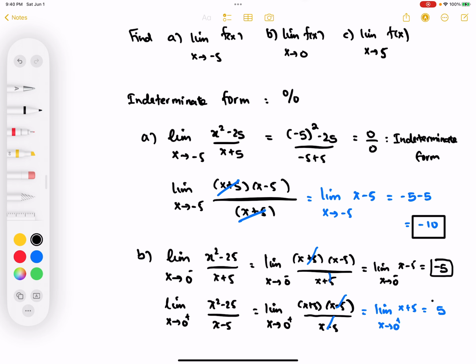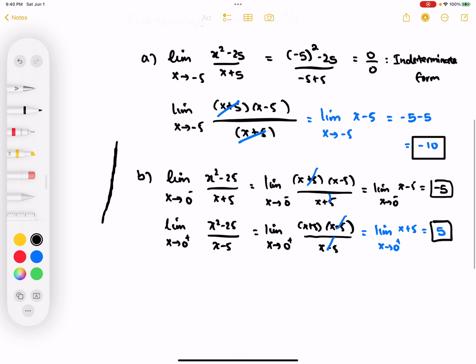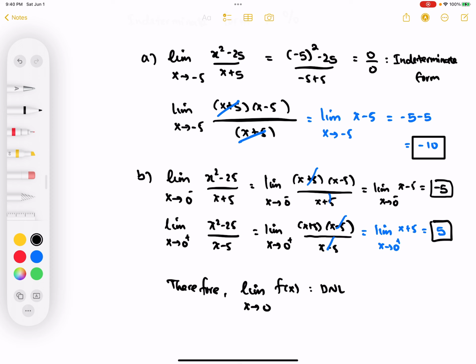Do you see? The left and the right side are different. Now, what is your conclusion? Therefore, limit of x approaches 0 of f of x does not exist, because the left side is different from the right side.